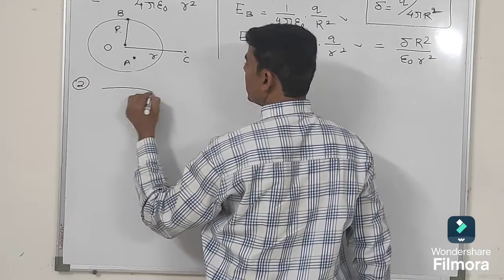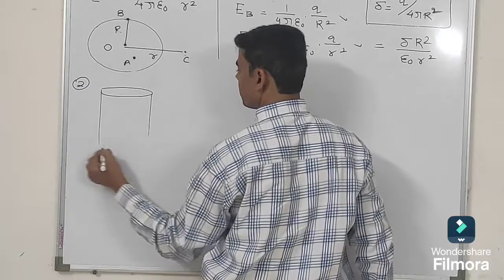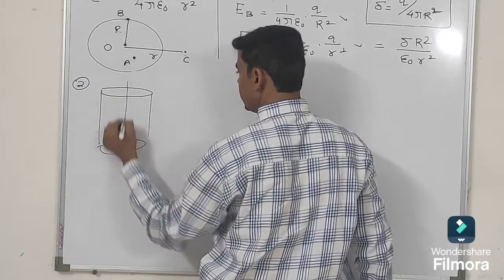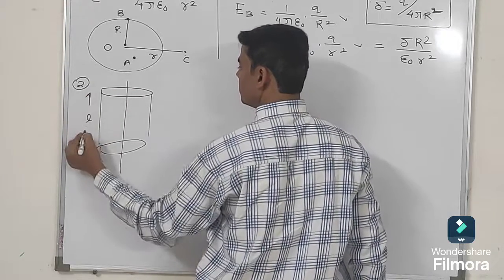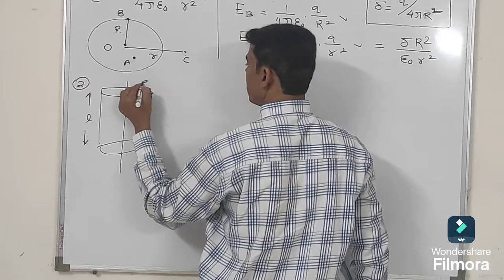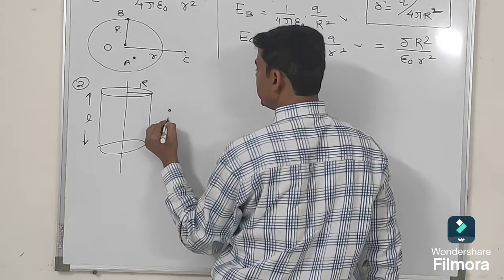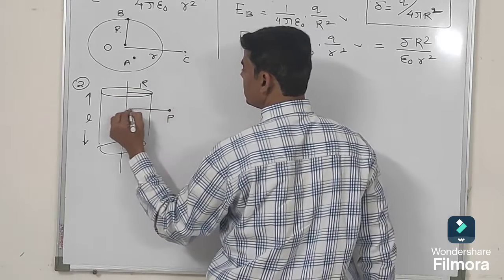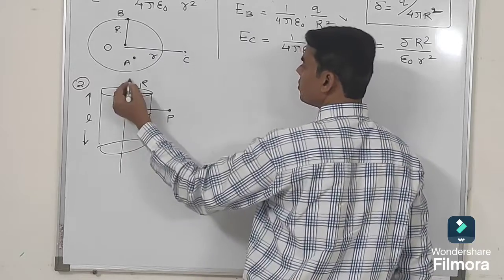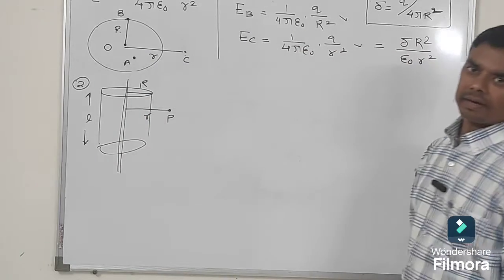Suppose that we have a cylinder having length small l, radius capital R. Let us find electric intensity at any point P situated at a distance small r from the axis of the cylinder.